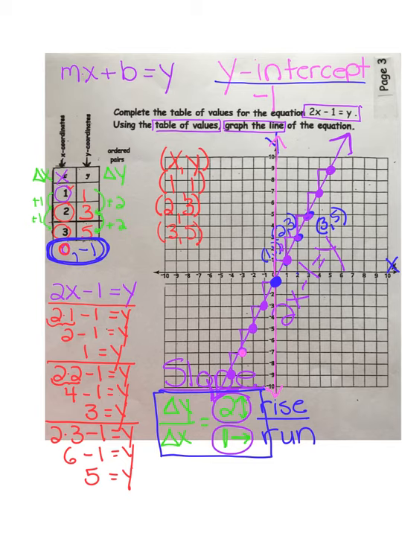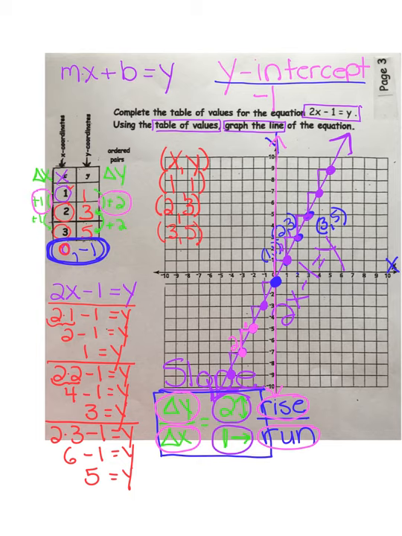As you go up 2, that is called the rise, or the delta y, the change in y. And we see it right here on the table. As you move sideways, in this case to the right, you run 1 block. That is the run value, or your delta x. And we see that right here on the table.